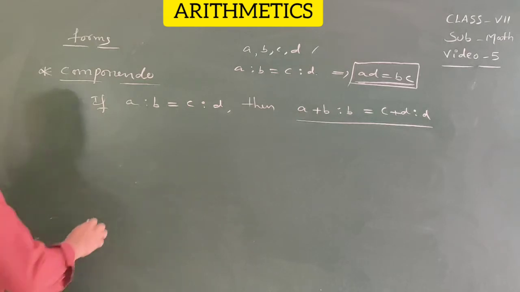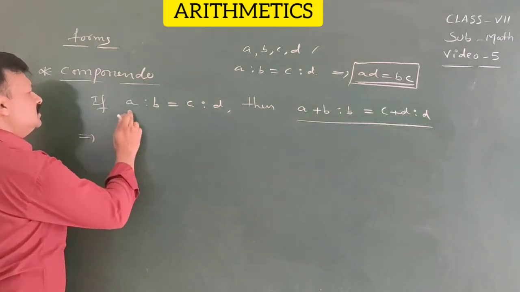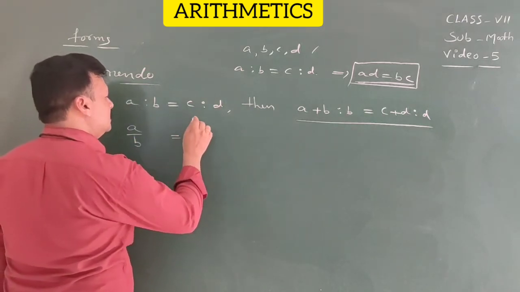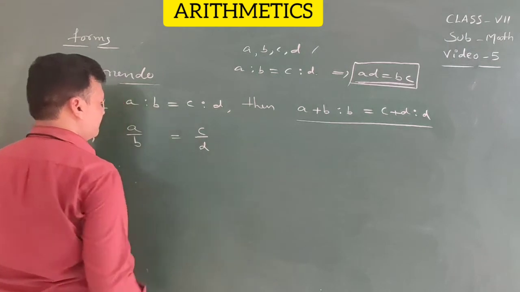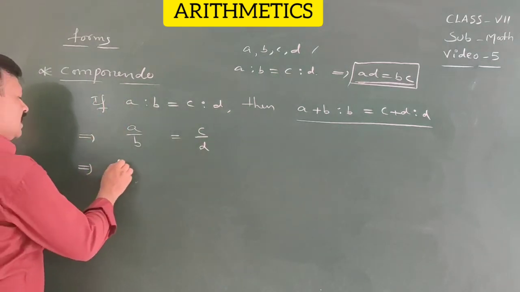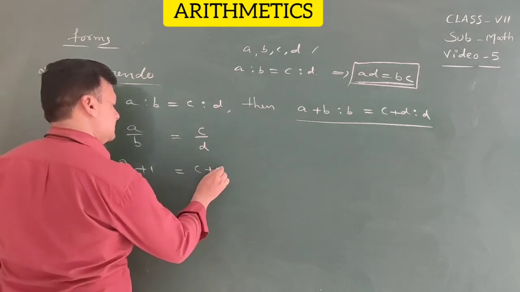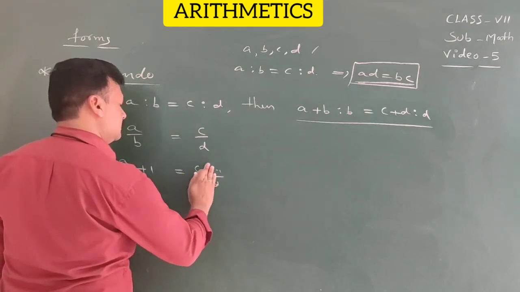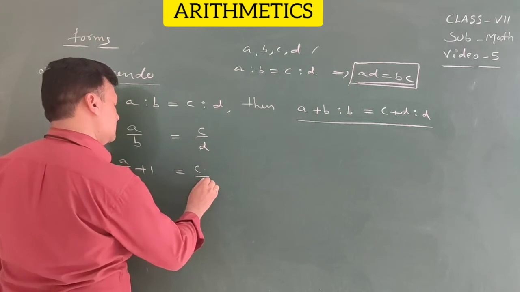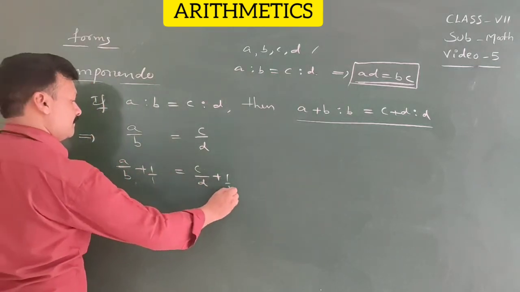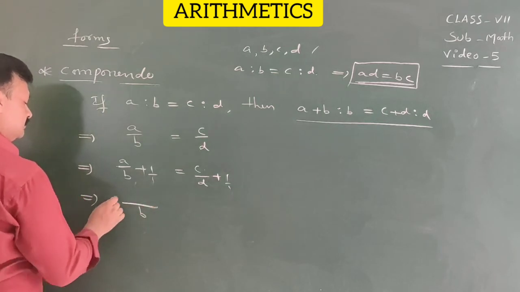First of all, A is to B is nothing but A by B, you know. C is to D is C by D. If you add plus 1 on both sides, B is the LCM.